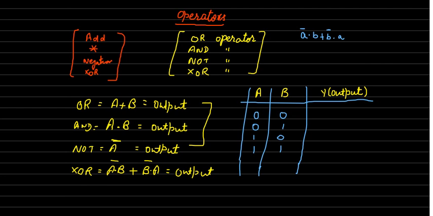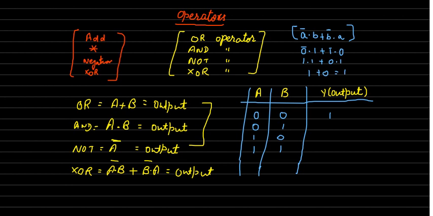Using this formula, let's find the first one. A is 0 bar dot 1 plus 1 bar dot 0. On solving the first part, we have 1 dot 1, and on solving the second part, we have 0 dot 1. Now 1 dot 1, or 1 and 1, or 1 multiply 1 are all pretty much the same. So this gives 1 and this gives 0, and 1 plus 0 gives 1. So the answer is 1 here.